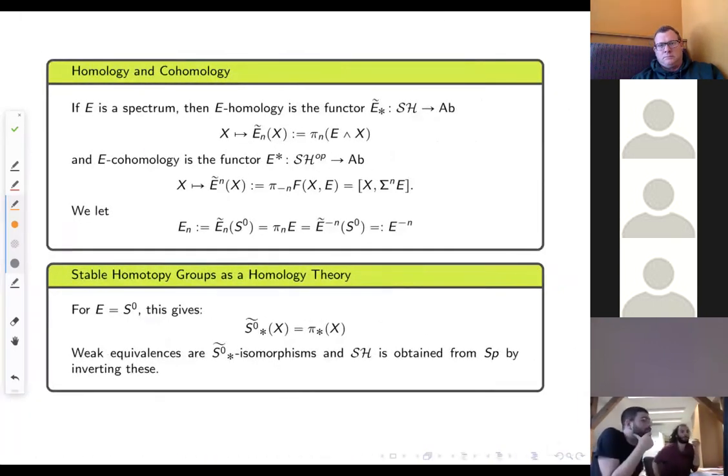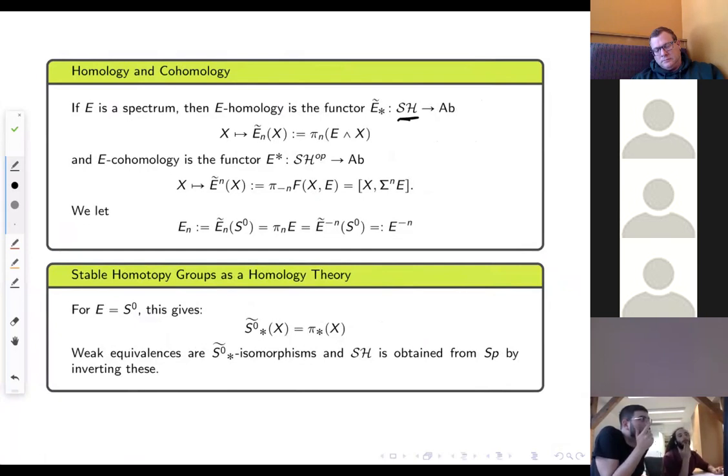So, homology and cohomology. We started the lecture with cohomology, and we said that cohomologies are represented by spectra. Now, if you have a spectrum, then you get a homology and a cohomology functor. Remember, you can take spaces, take the suspension spectrum, and put them in the stable homotopy category. So I'll describe these as functors from the stable homotopy category to abelian groups.